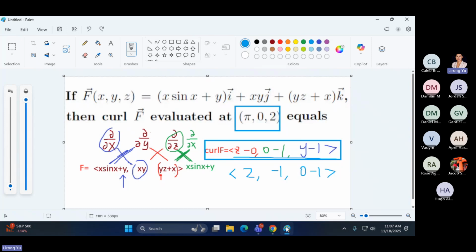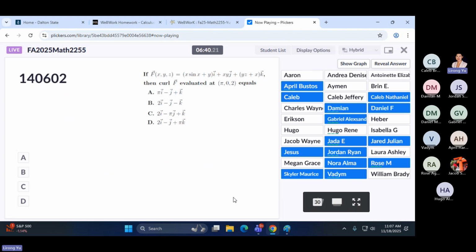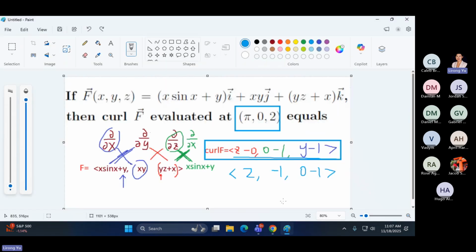Okay. Go back to the page. Anyone else? Everybody else? It should be B if you're still hesitating.